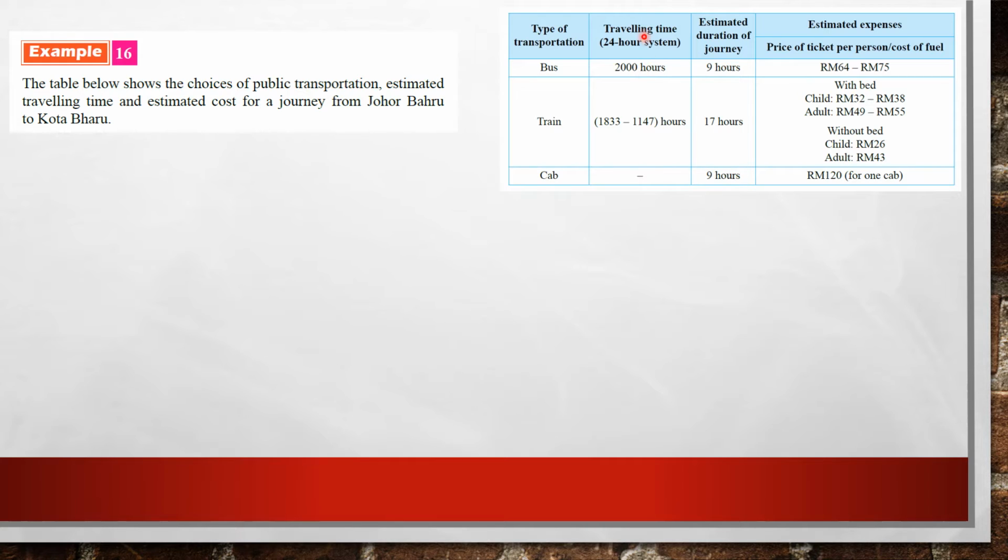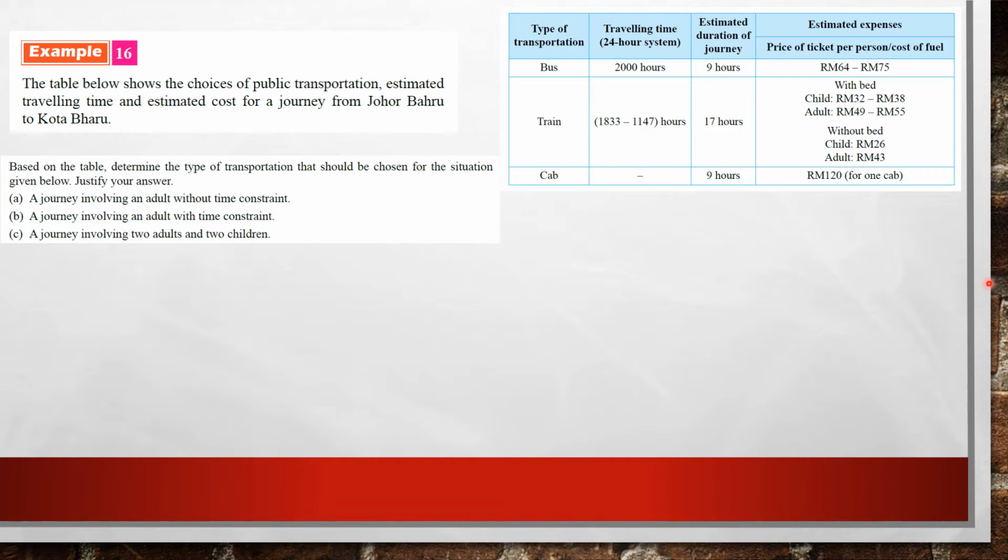So we have the travelling time, the estimated duration, and also the price of the ticket for bus, train and cab. So we look at the question. Based on the table, determine the type of transportation that should be chosen for the situation given below. Justify your answer. So we look at part A, a journey involving an adult without time constraint.